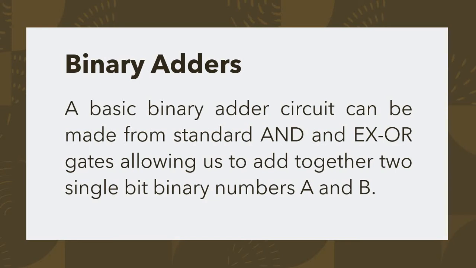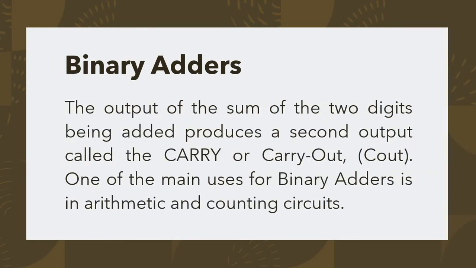Adders are of two types. We have the half adder and we also have the full adder. The output of the sum of the two digits being added produces a second output, which we call the carry, or carry out, or C out. If you're going to add two digits, for example 1 bit, the resulting value will give you a carry value.